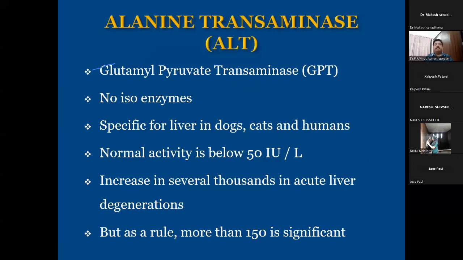Let us see alanine transaminase, ALT. The old name of ALT is SGPT. That SGPT means serum glutamic pyruvic transaminase. So these are involved in transaminating reactions. These are high energy protein metabolism.